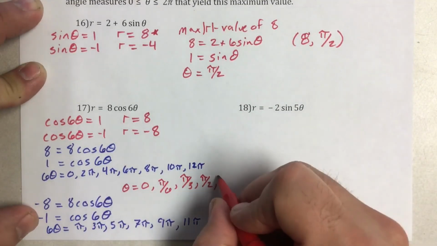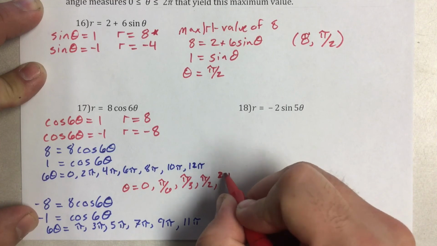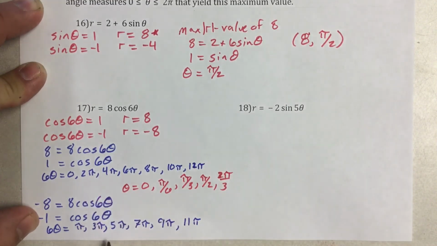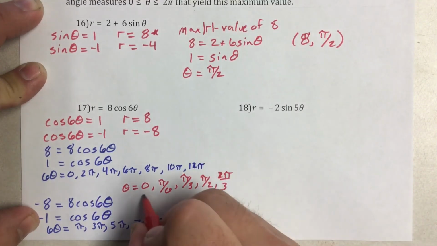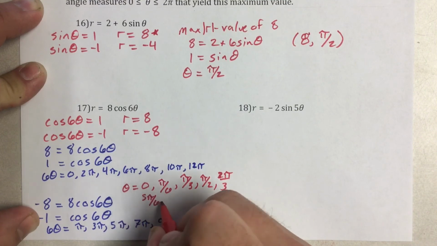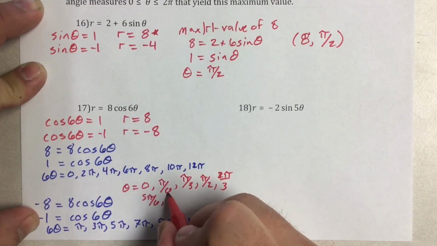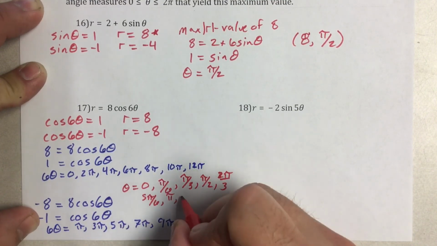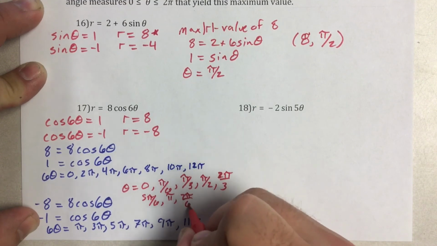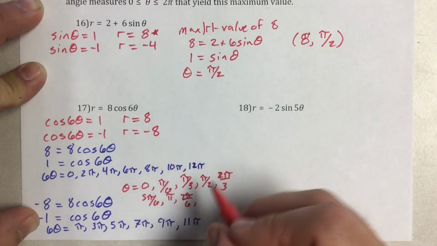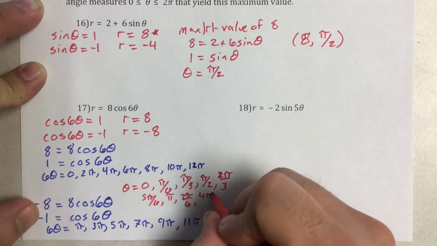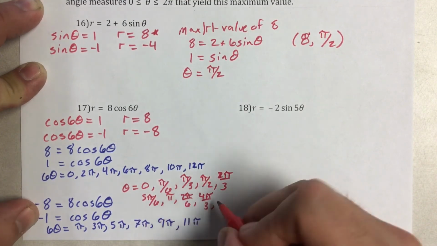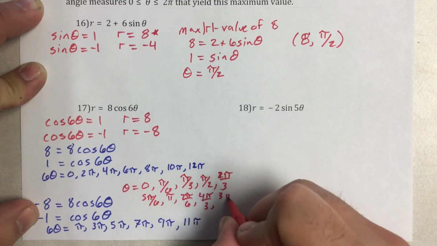And then we get 2 pi over 3 when this simplifies. And we get 5 pi over 6. Okay, we get pi. We're going to get 7 pi over 6. We're going to get 8 pi over 6 or 4 pi over 3. We're going to get 3 pi over 2.